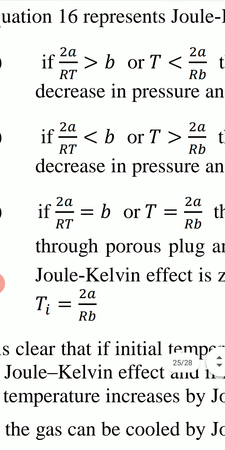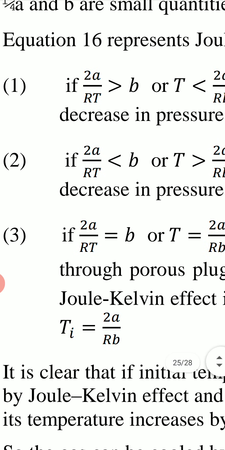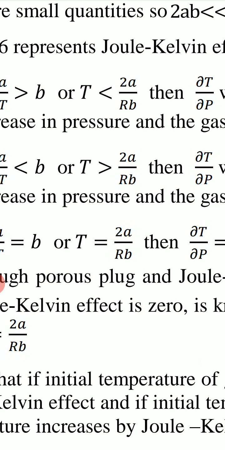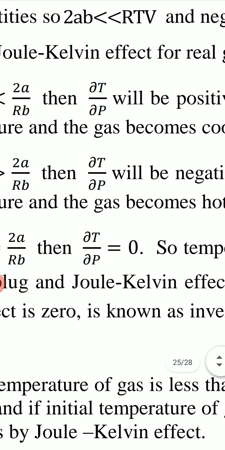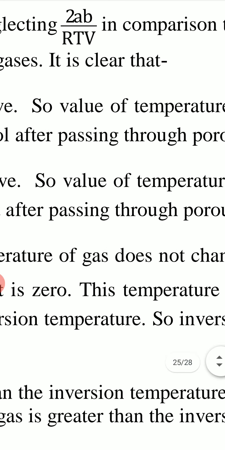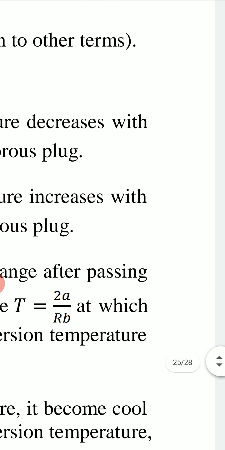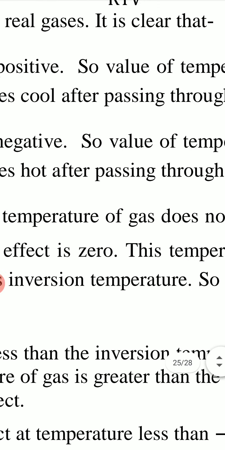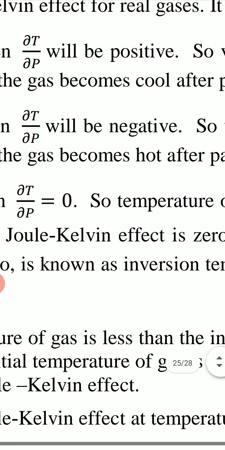The second case is its opposite. When 2A upon RT is less than B, or T is greater than 2A upon RB, then delta T upon delta P will be negative. So temperature increases with decrease in pressure and the gas becomes hot after passing through the porous plug.